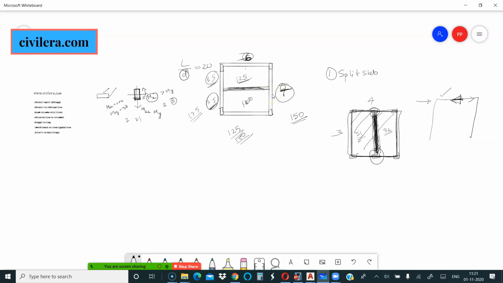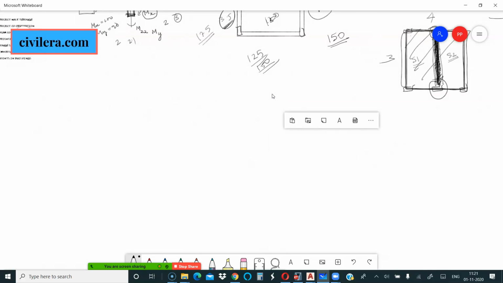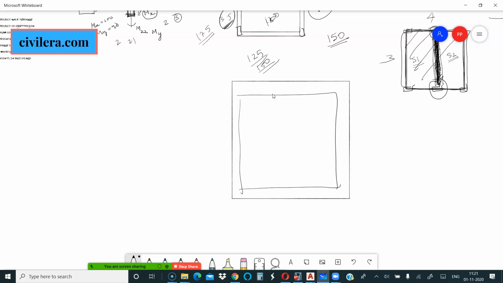The third requirement is generally when you have walls on top of your slab. Say for example, you have a room like this. Say it is 3 meter by 3 meter only, or say 4 meter by 3 meter, or say 5 meter by 3 meter. But you have a wall somewhere, say a 200 or 230 thick wall here.